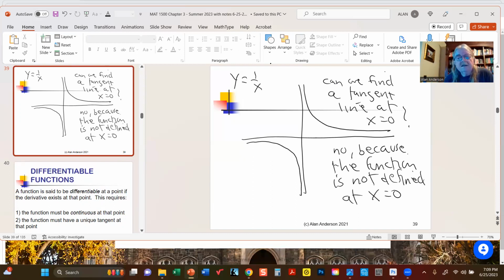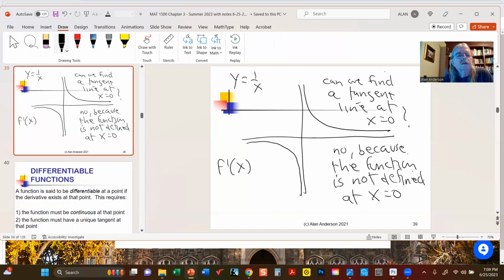So what that means then is that the derivative, I'll call it f prime of 0, is undefined. It doesn't exist. Now, for any other value, like for 1, for example, no problem. I can find a tangent line right there.